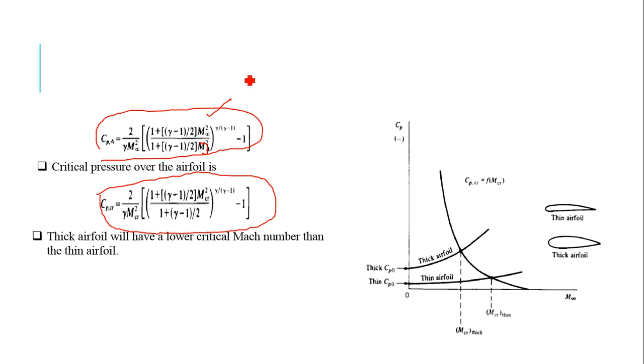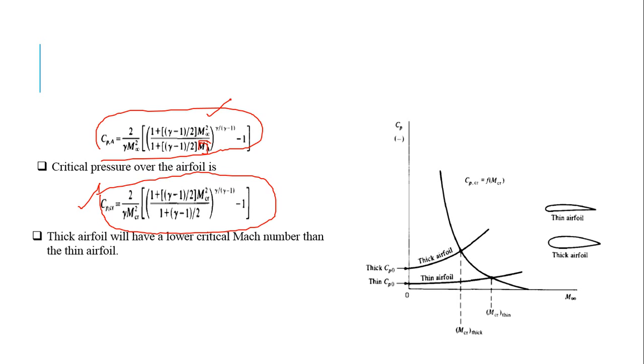When the critical Mach number is reached, we know the local Mach number becomes 1, so we can straight away substitute the value of local Mach number as 1, and we get the formula for critical pressure over the airfoil as CPCR equal to 2 divided by gamma M critical square, into [(1 plus (gamma minus 1) divided by 2 into M CR square) divided by (1 plus (gamma minus 1) divided by 2)] to the power gamma by gamma minus 1, minus 1.